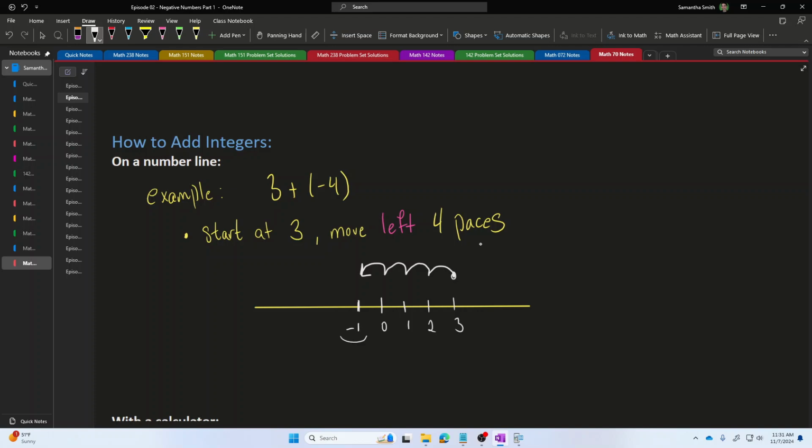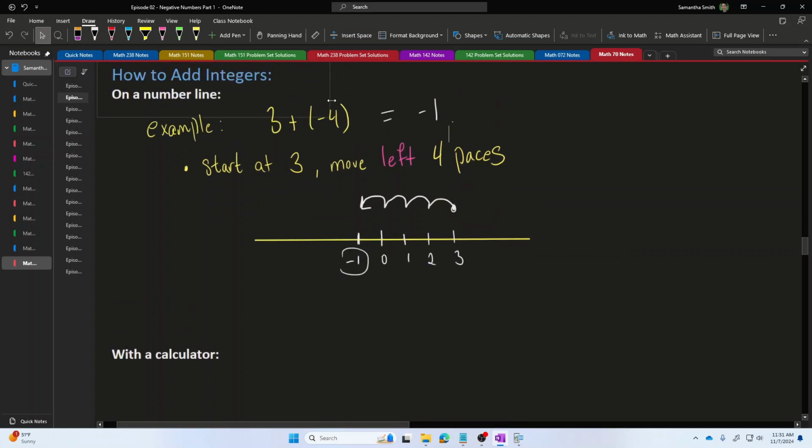And this -1 that I've got from moving left 4 paces would be the result of this addition. To add a negative number, you just move to the left along the number line, as opposed to when you're adding a positive number, where you move to the right along the number line.